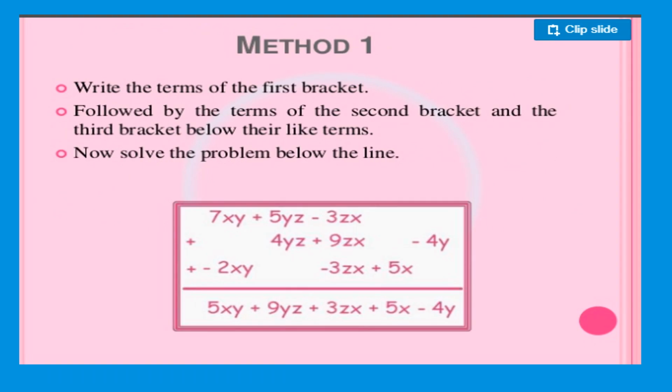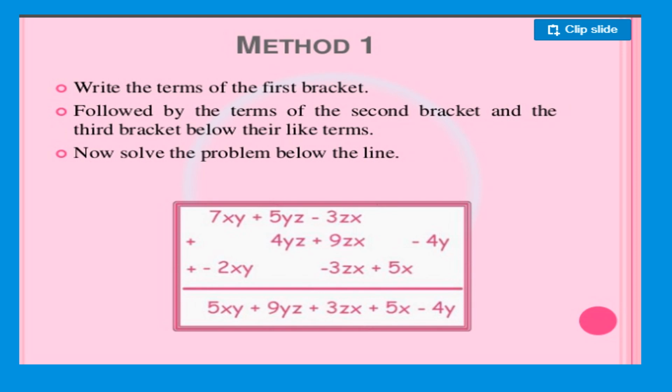Now here, first you have to write the terms in the first bracket. Here first one, 7xy plus 5yz minus 3zx. Now you have to check where the variables are falling. So it should be written in such a way that xy comes below xy, yz below yz, zx below zx.